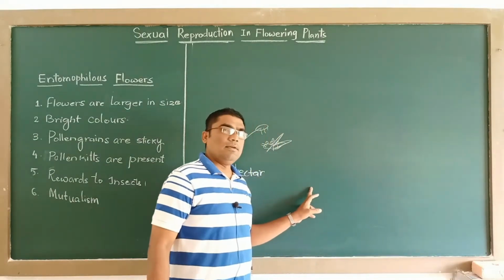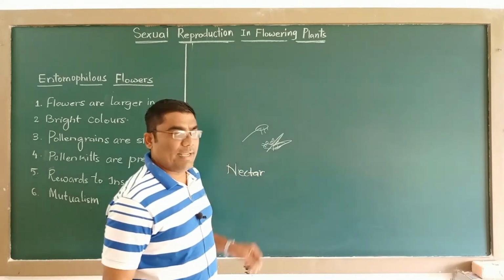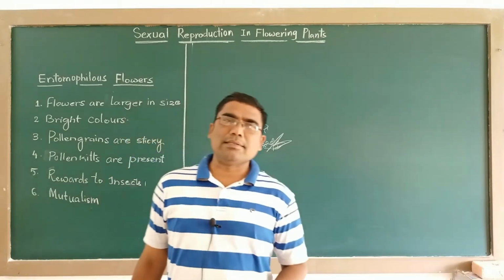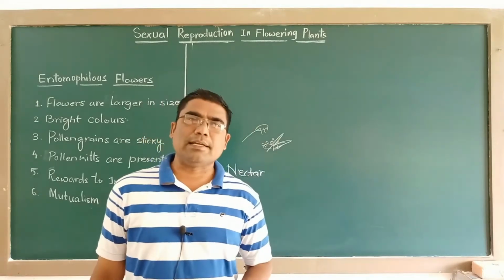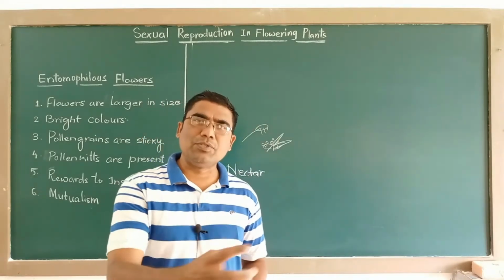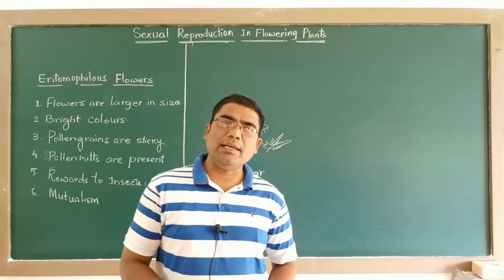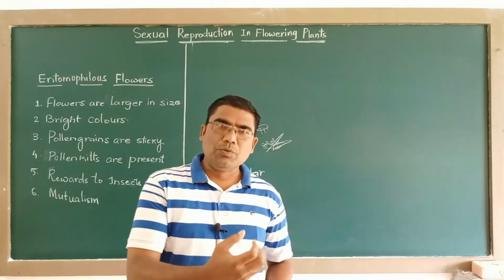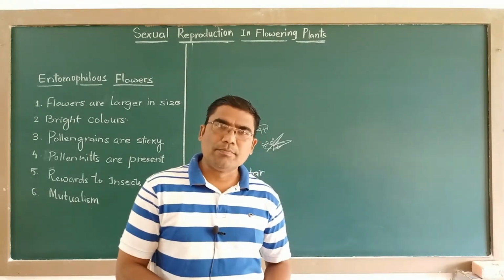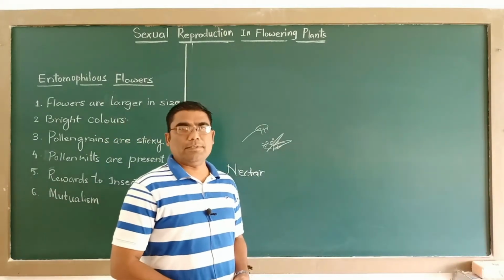It is rich in carbohydrates. This nectar acts as nutritional material to many of the insects. Insects consume this nectar as a nutritive material, as a food material. To consume this nectar, many of the insects will visit the flowers.